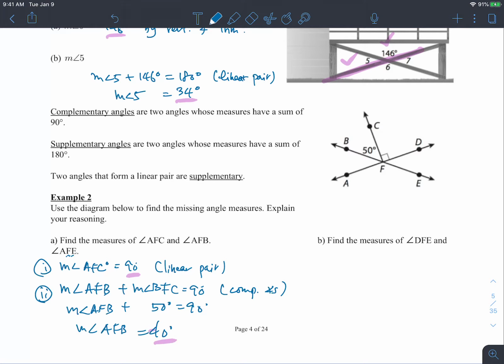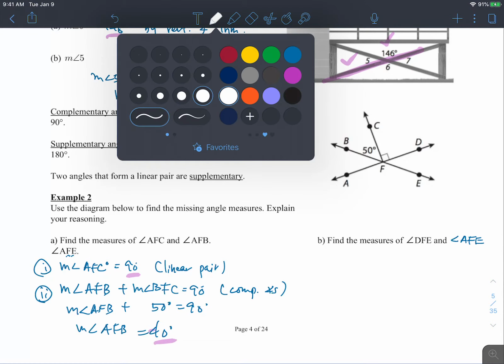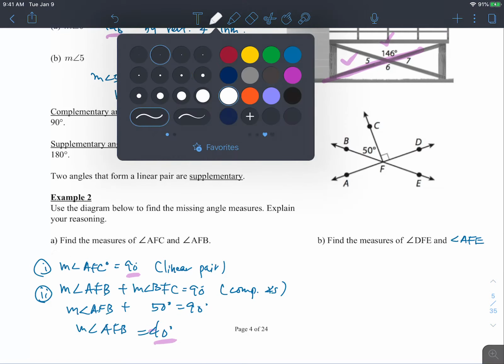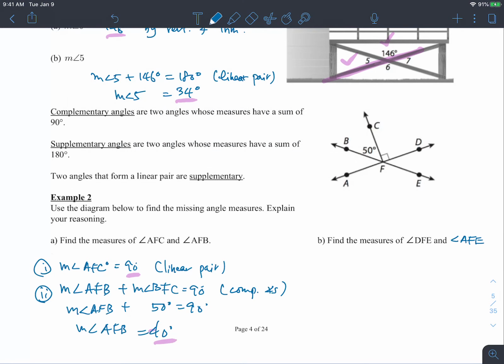That should have been an angle AFE, okay? I can see why that happened because this should have been a little bit to the left. So let me erase this just a tiny bit. There you go. Okay, let's deal with the next question.